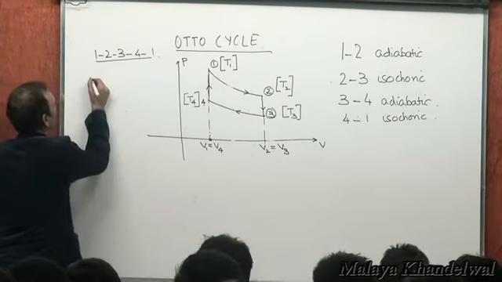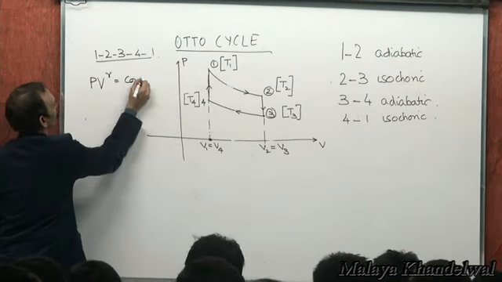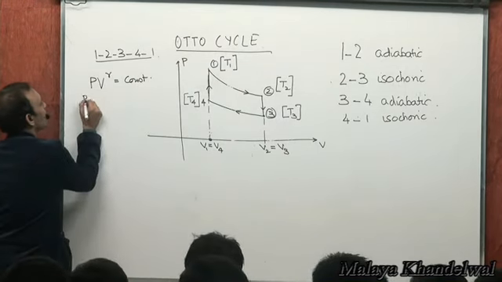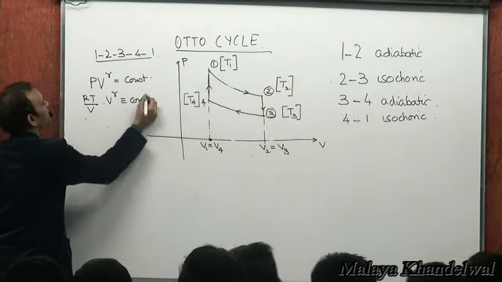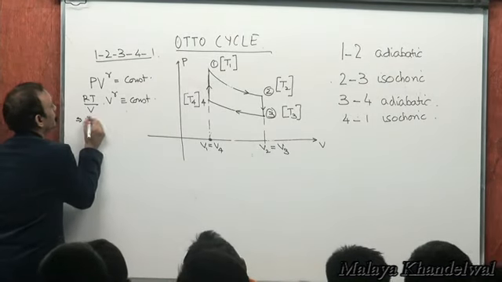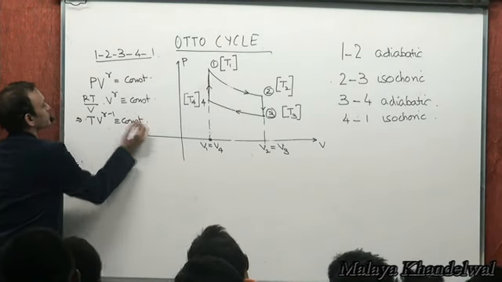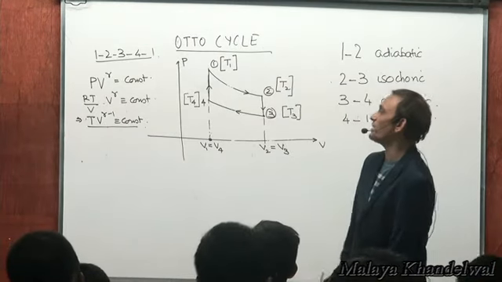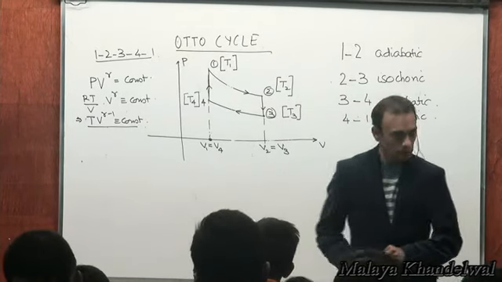And like I mentioned in the last class, PV to the power gamma is constant for an adiabatic process. For 1 mole of the gas, I can write P as RT by V, into V to the power gamma equal to constant. Or we end up getting TV to the power gamma minus 1 equal to constant for an adiabatic process. Clear?